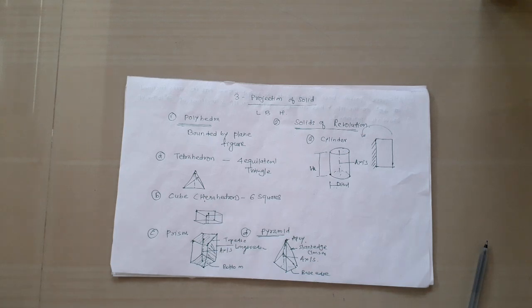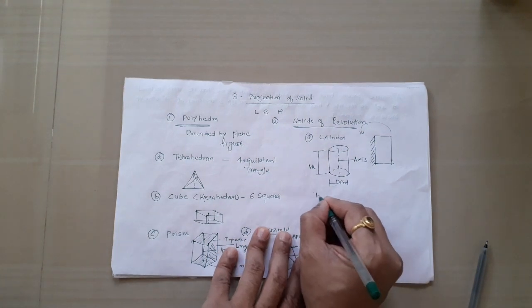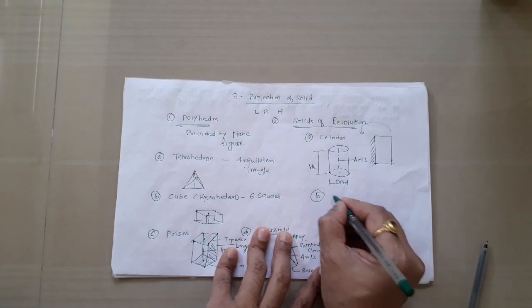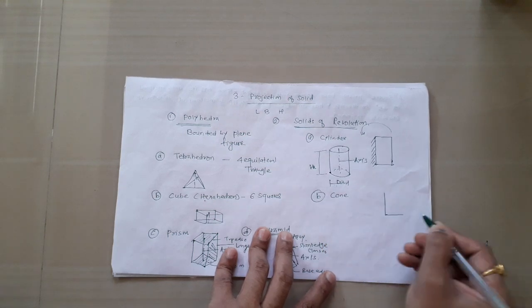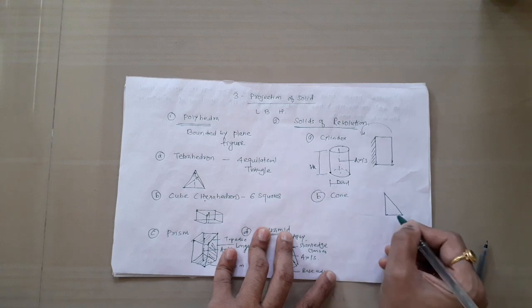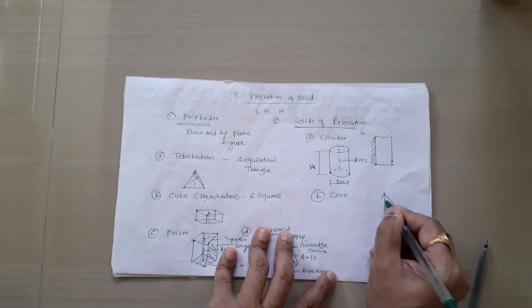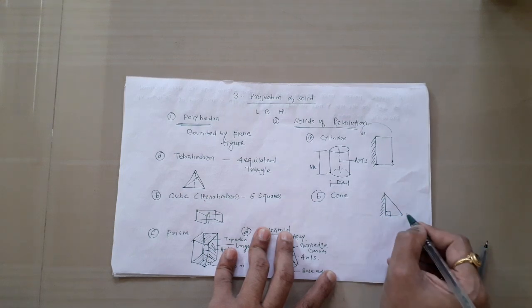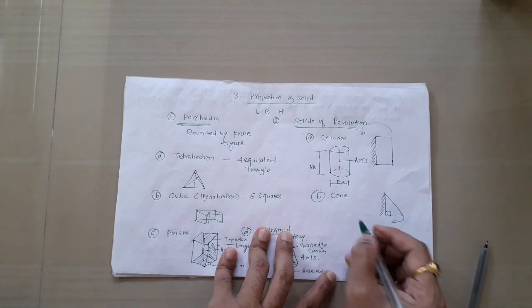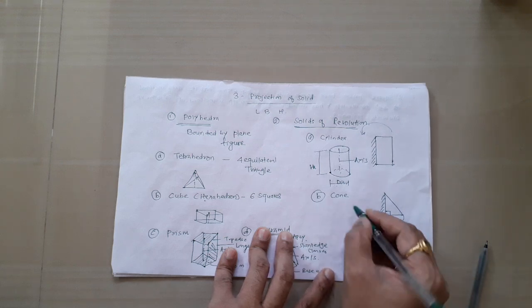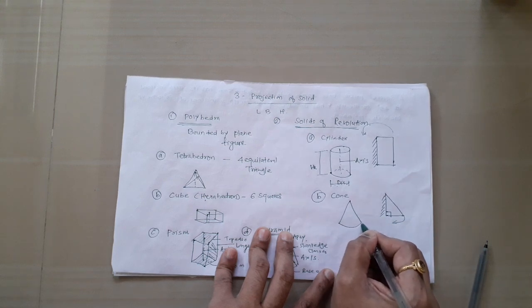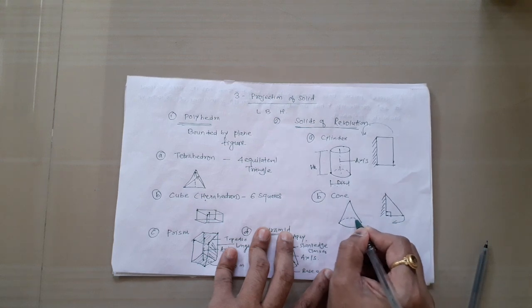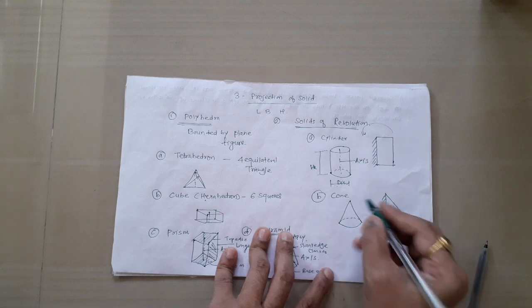Then the second type of solid of revolution is a cone. Cone is generated by revolution of a right angle triangle by fixing one of its perpendicular sides. If you rotate this in any direction, clockwise or anti-clockwise, you will generate a figure which is known as cone.